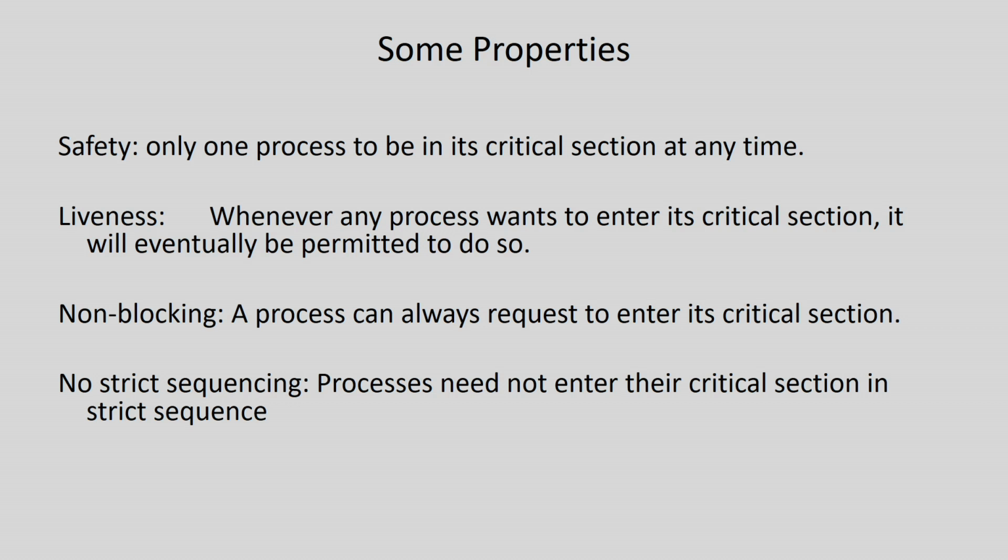Third one is non-blocking. A process can always request to enter its critical section. We say it is non-blocking because we should not put any restriction that process X should not request the critical section at some point of time. If we put such a restriction, then it is a blocking criterion. So, our mutual exclusion should satisfy this non-blocking property also.